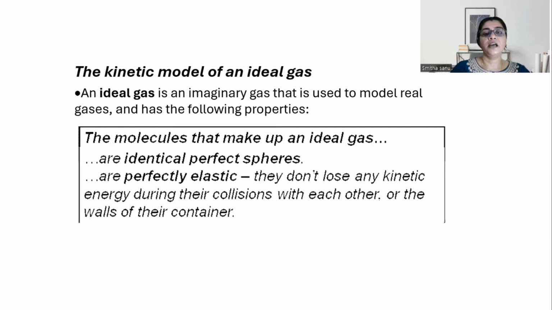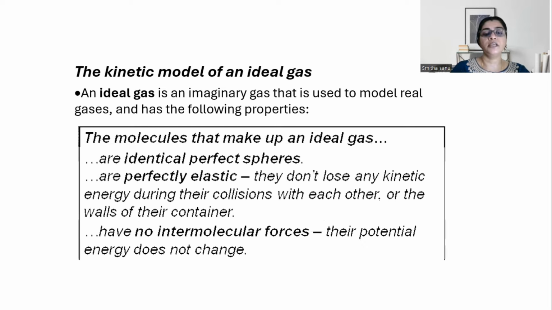That is, after collision with each other or with the sides of the container, they don't lose kinetic energy. They have no intermolecular forces. This is very important. That is the potential energy, whether you make the bond or break the bond. The intermolecular forces remain the same in all the states.